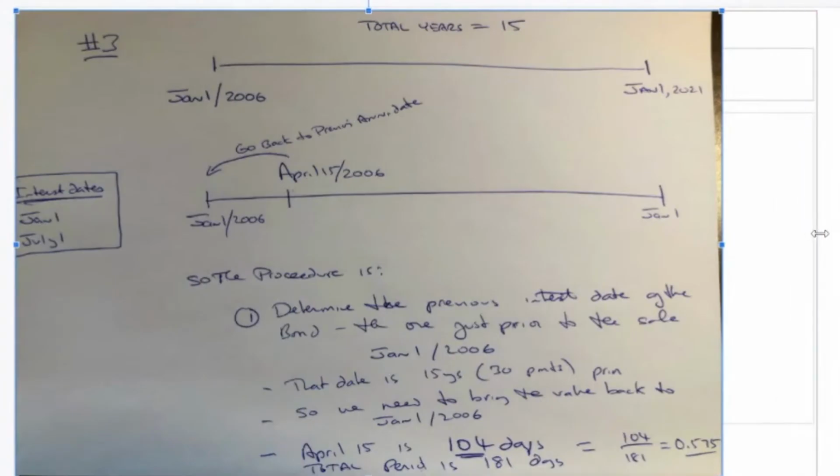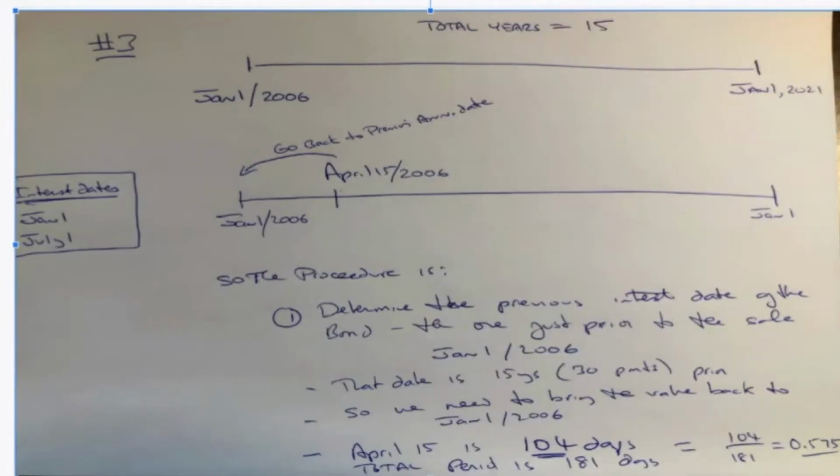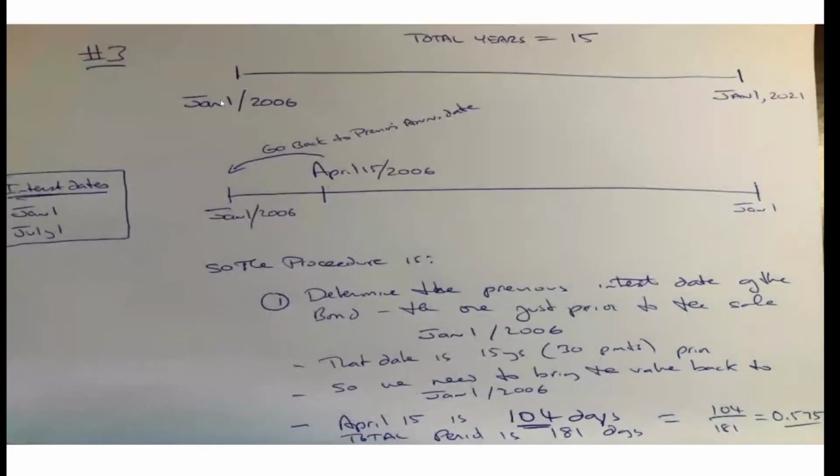So we've got this number 3 here saying that we're looking at a bond that runs from January 1st, 2006 through to January 1st, 2021. We turn around and we sell it on April 15th, 2006. So realistically, we sell the thing almost immediately after we buy it. It's not very long.